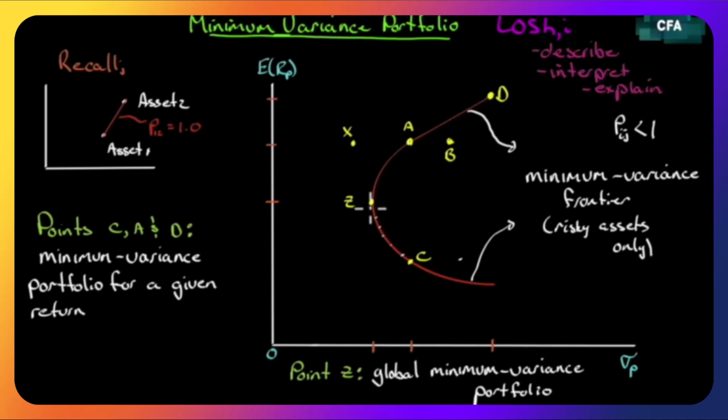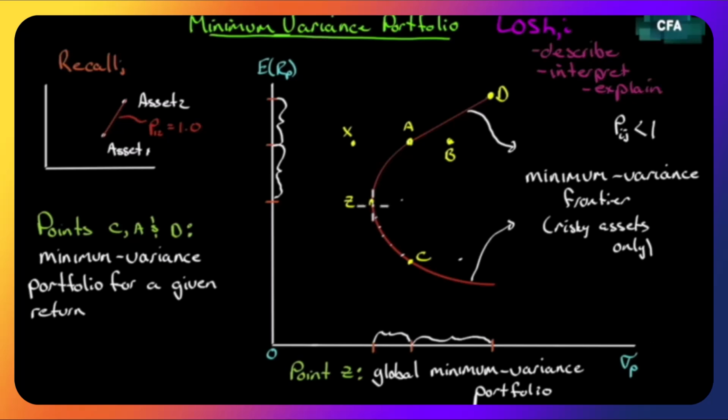So let's have a look at something interesting here. As we move from Z to A, we'll earn a specific return, and from A to D, I've spaced it out so that the increment in return is equal. But look what happens to the variance. As we move from Z to A, the variance will increase by this much, but to get the same incremental return over here, it increases even more, which means the next incremental return will be significantly more variance as well.